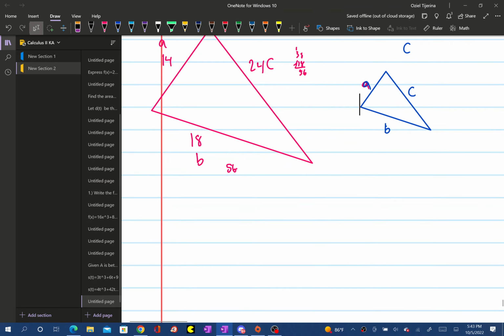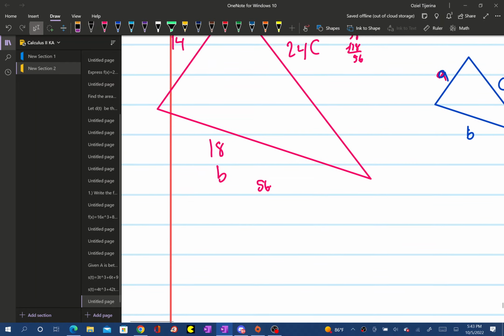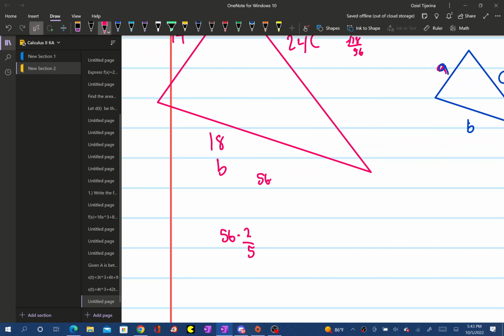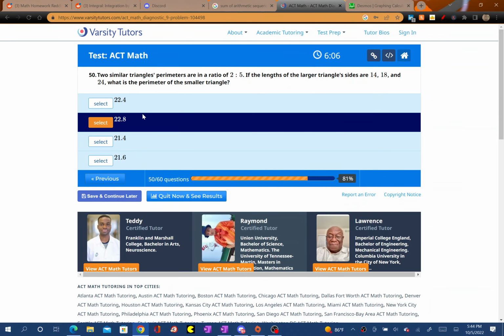So let's see. 2 to 5, okay. The perimeter is 56, and if I take 56 times 2/5, that'll give me, hold on. How much is that?